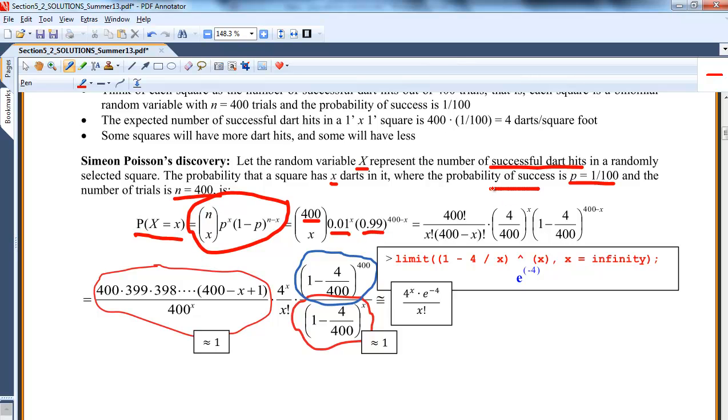All I'm doing is writing this in its factorial notation. And then I'm going to do a little bit of magic here. I'm not doing anything that's illegal, I'm just rewriting a little bit of maneuvering here. So I'm going to take these two terms right here. If I did 400 factorial divided by this, that's what the numerator is right here. All it is is going to go all the way down to 400 minus x plus 1 when I actually divide the two. Here's the x factorial.